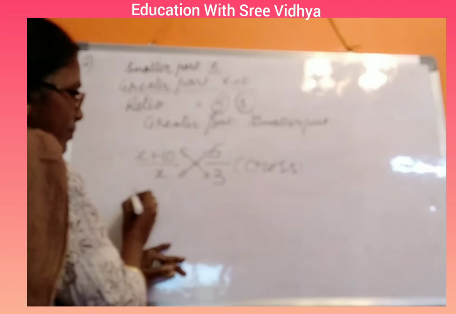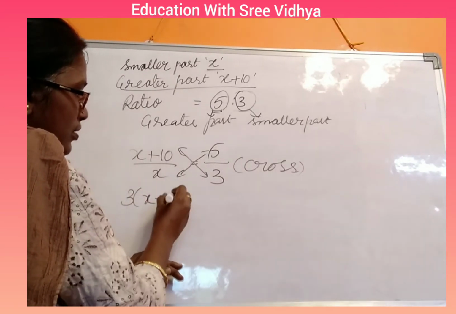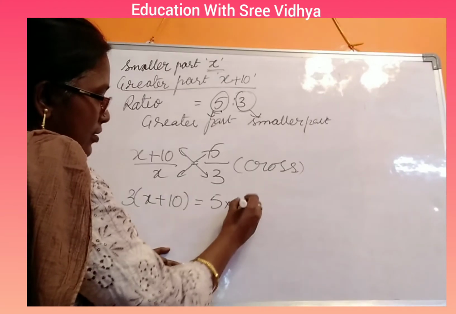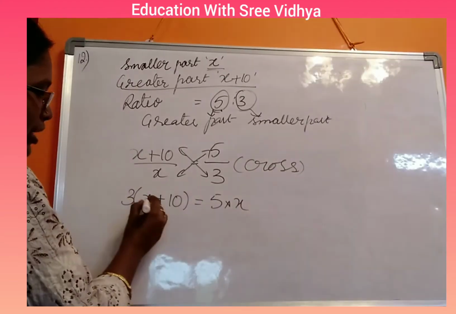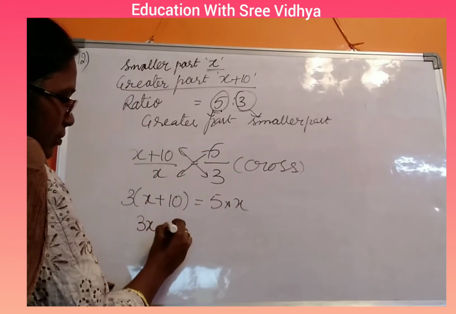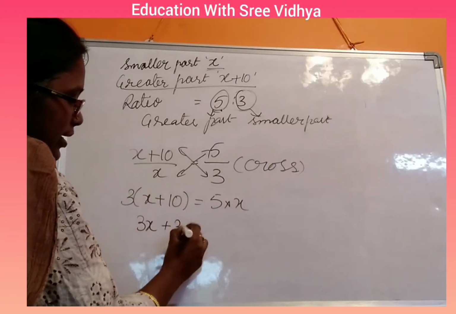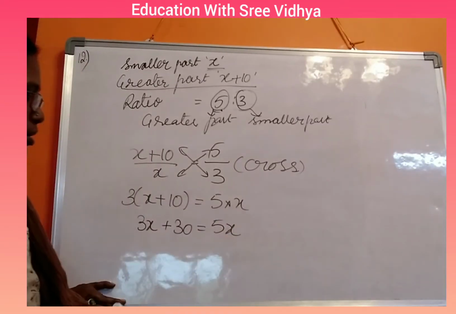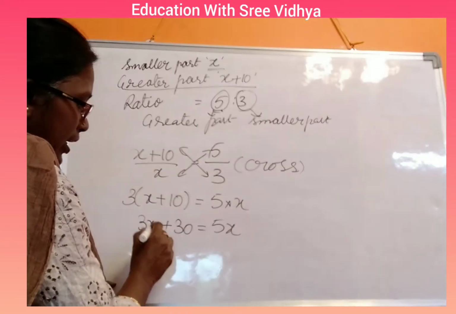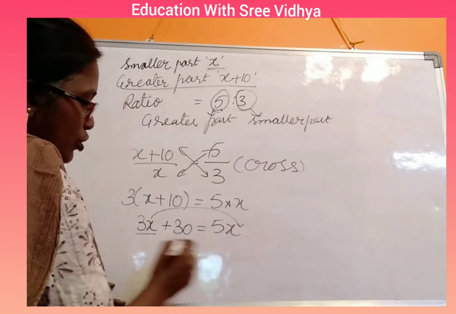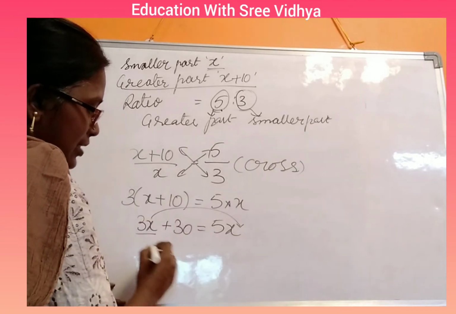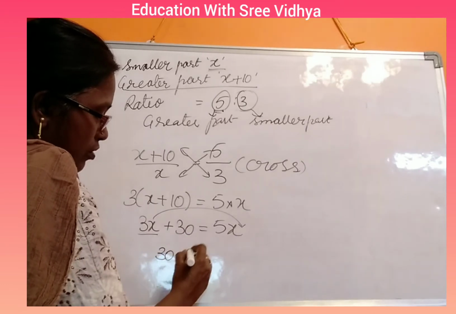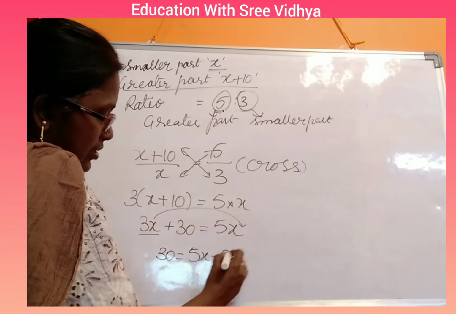3 multiplied by (X plus 10) is equal to 5 multiplied by X. So 3 into X, 3X plus 3 into 10, 30 is equal to 5 into X, 5X. Now I am transposing this 3X to that side, plus 3X will become minus 3X. 30 is equal to 5X minus 3X.